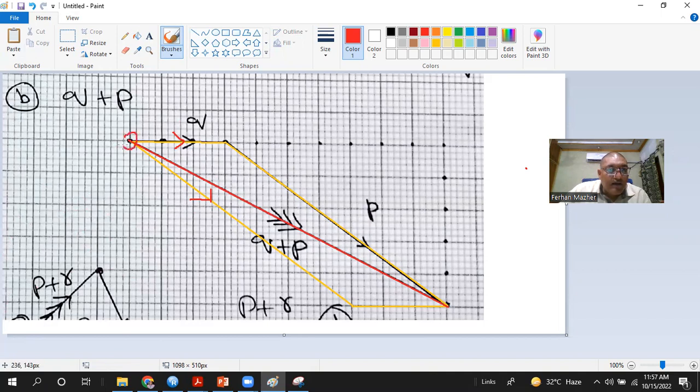So you completed the parallelogram, supposing that they are the adjacent sides of the parallelogram, and this is how you find their resultant. So I hope you understand this B part.